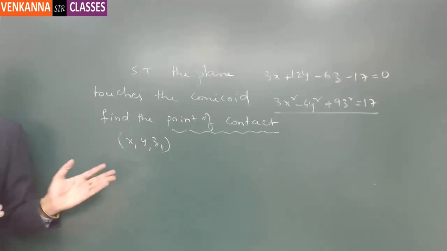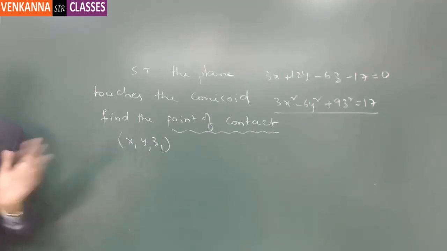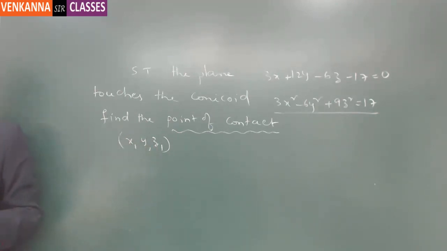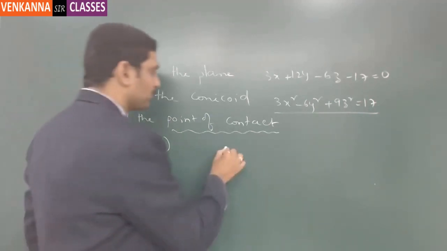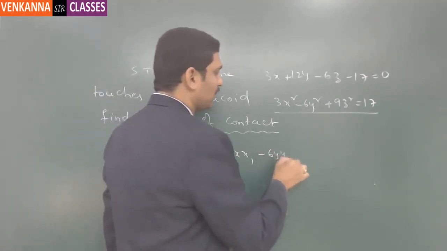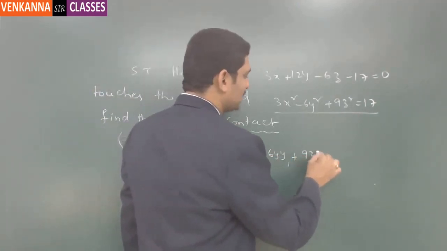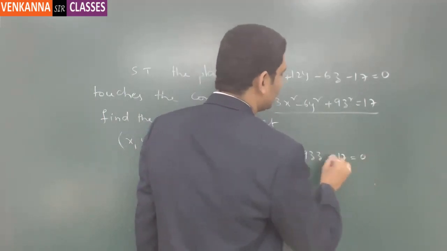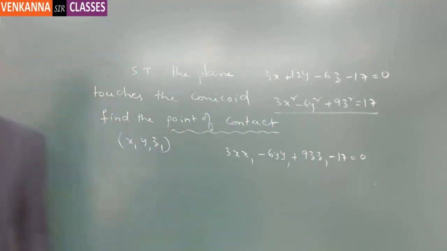By default you have shown that it will touch the conicoid because the point of contact exists. So the tangent plane for the conicoid is 3x x1 minus 6y y1 plus 9z z1 plus minus 17 equal to 0. This is the equation of the tangent plane.